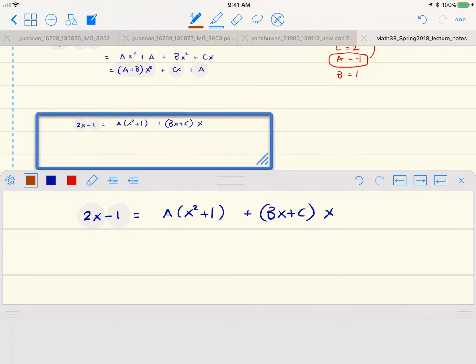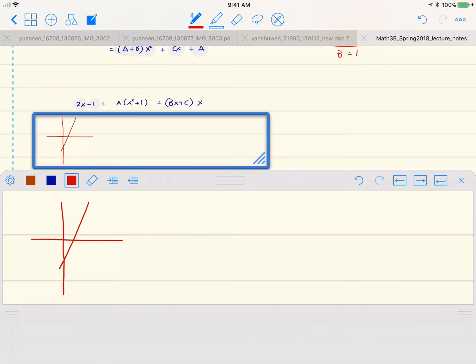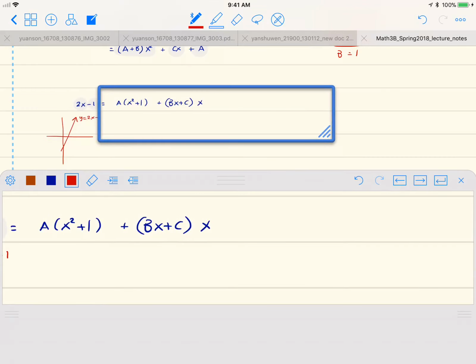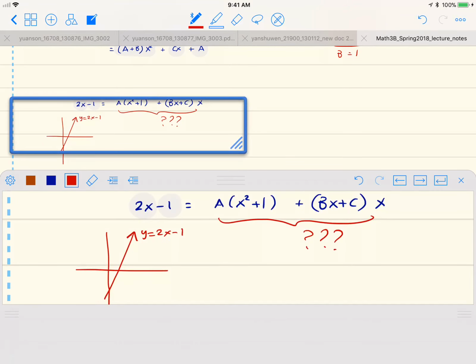The idea is I've got a line. So if I have 2x minus 1, which looks something like that, this is a crappy sketch, but say this is y equals 2x minus 1. And then on the right-hand side, I've got something, I don't know what it is. But what I can say is, when x is equal to 0, the left-hand side is equal to -1.